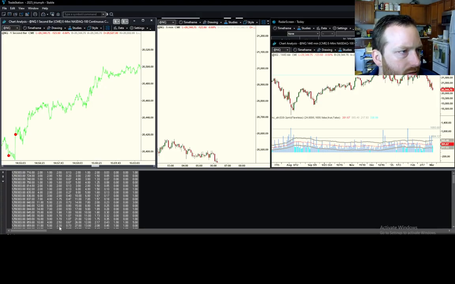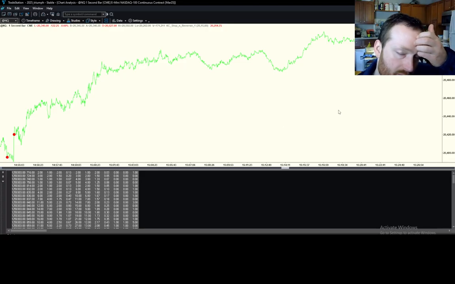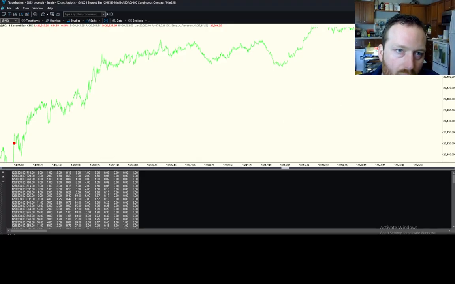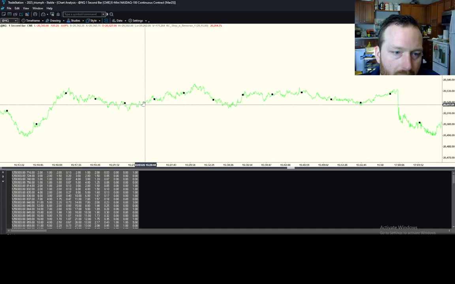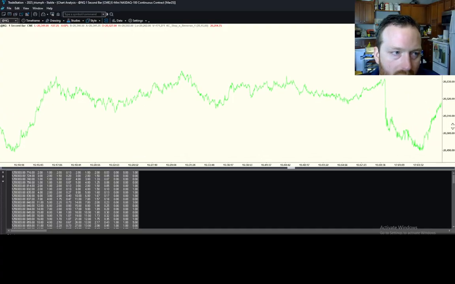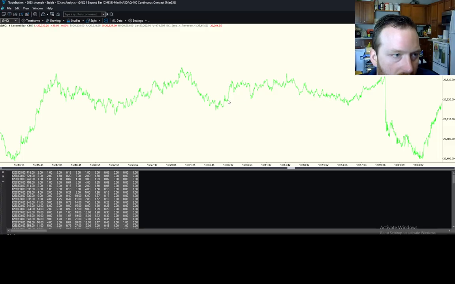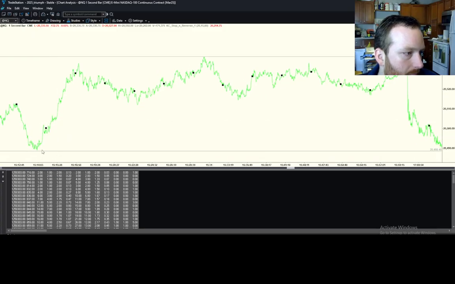So I basically have split the market up into increments, and I'm just tracking volatility more so than the range on the day. More than, oh, this is the high, this is the low on the picture, right? I'm tracking the actual increments inside the range and seeing how much back and forth action it does.